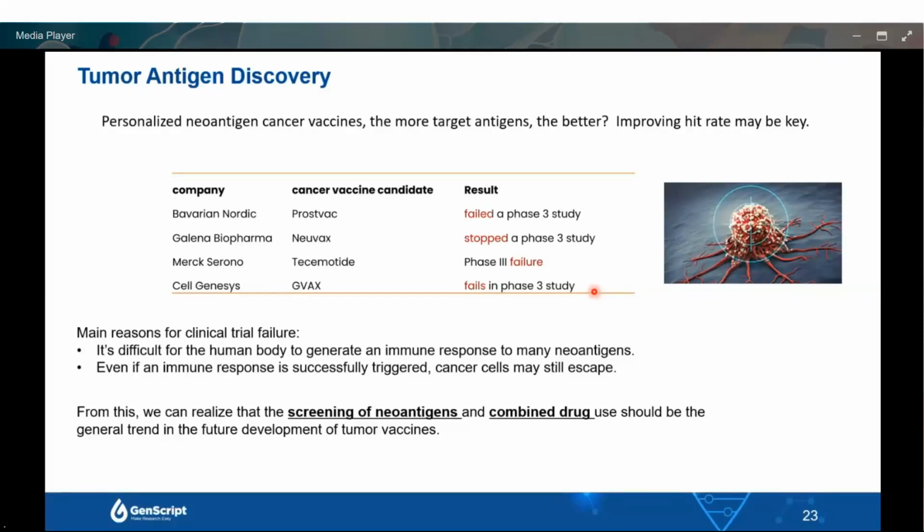And even if an immune response is successfully triggered, cancer cells may still escape. So from this, we can realize that screening of neoantigens and combined drugs should be the general trend in the future development of tumor vaccines. So let's see the screening of neoantigens first.